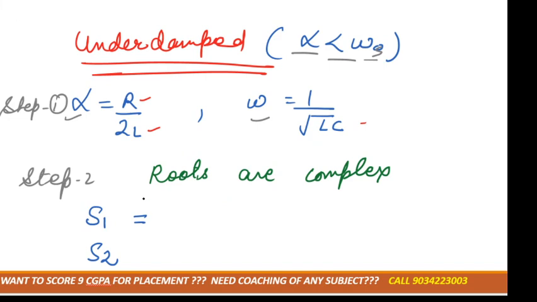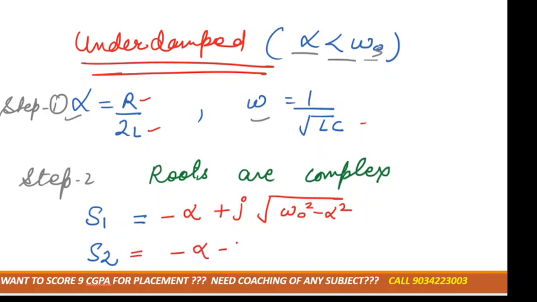Now the equation or formula for the underdamped would be different. S1 would be equal to minus alpha plus j root of omega naught square minus alpha square. And S2 would be minus alpha minus j root of omega naught square minus alpha square.